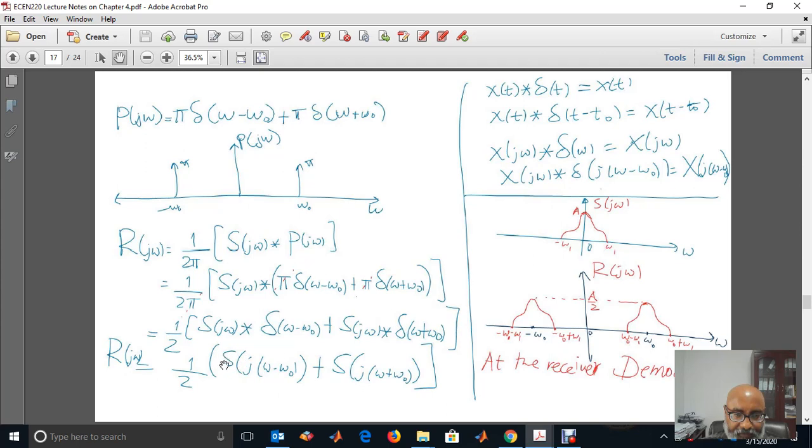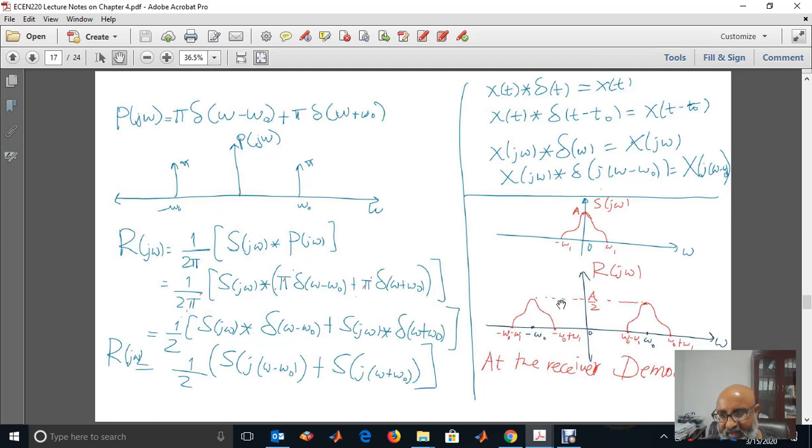So S(j omega) is shifted by omega naught to the right and by omega naught to the left. So I have the spectrum R(j omega) centered at minus omega naught and at omega naught. We call this the modulation property.